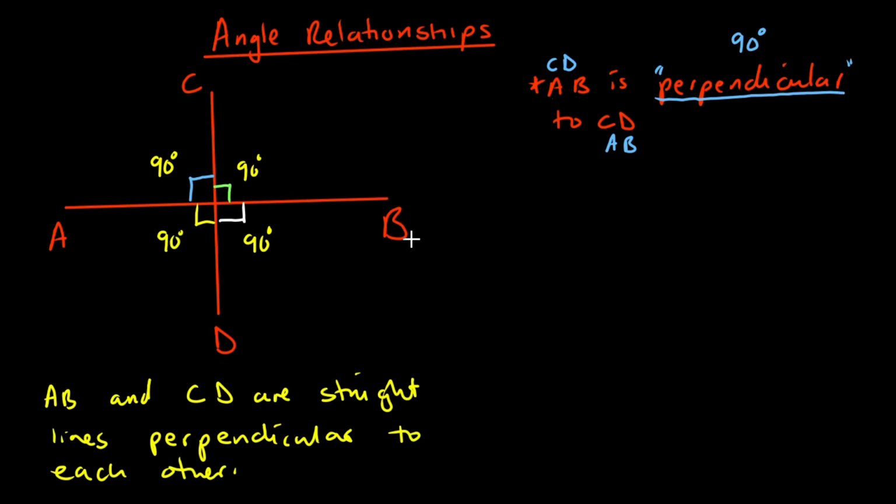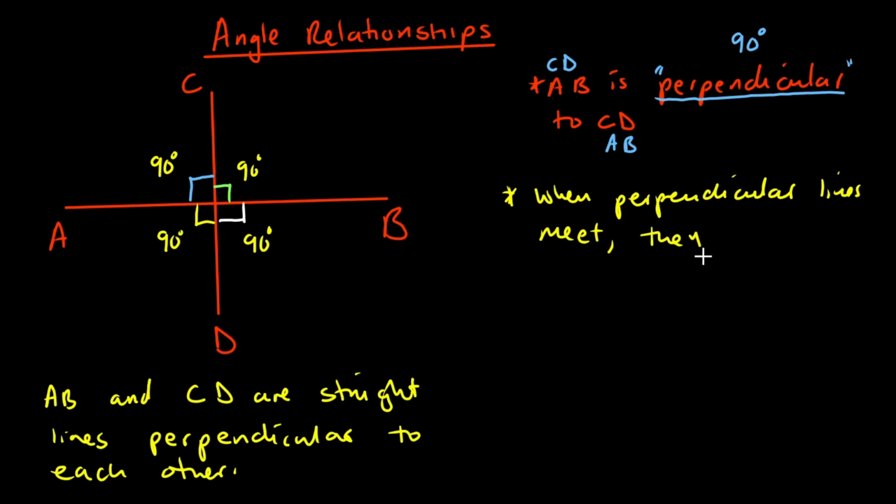So if you want to take something from here, we say that when perpendicular lines meet, they form the angle 90 degrees. You need to understand that if they are perpendicular to each other, then we are talking about 90 degrees.